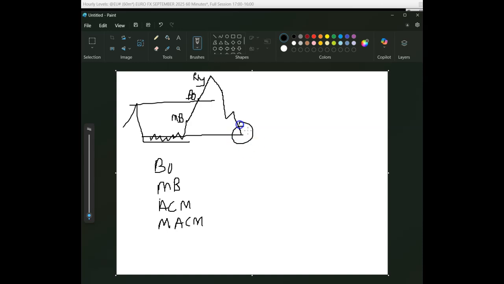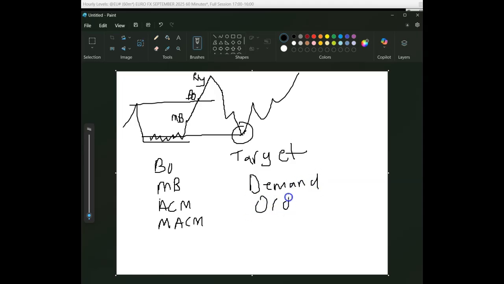Price tends to go in that area and then go back. It will target that area. It will target that area. Why? That area is a very strong demand area. There's a lot of orders.